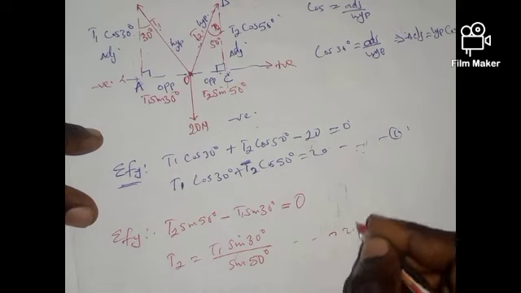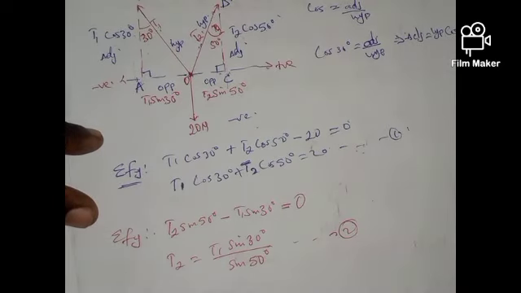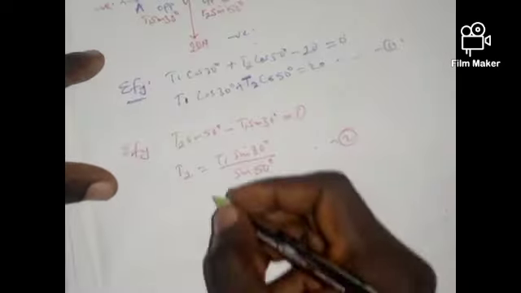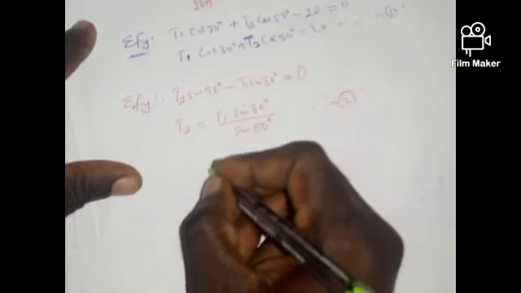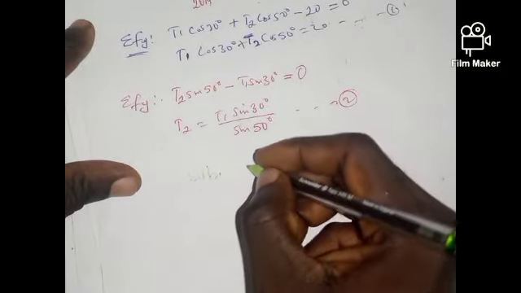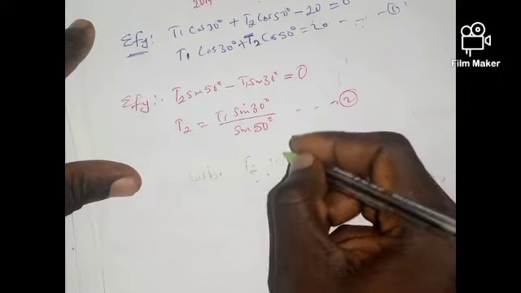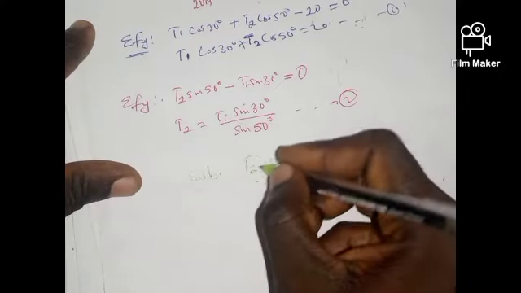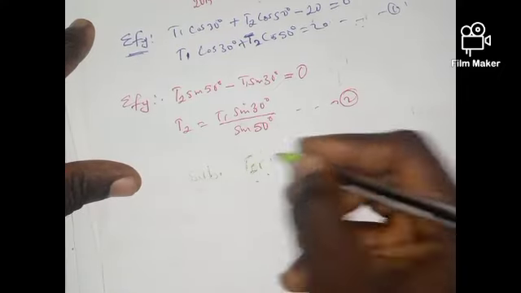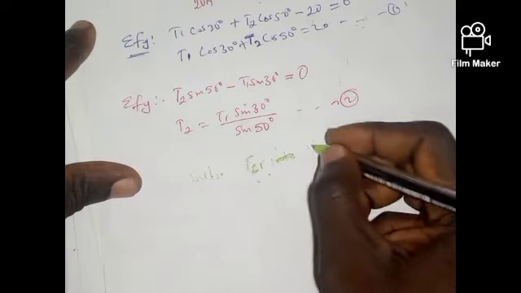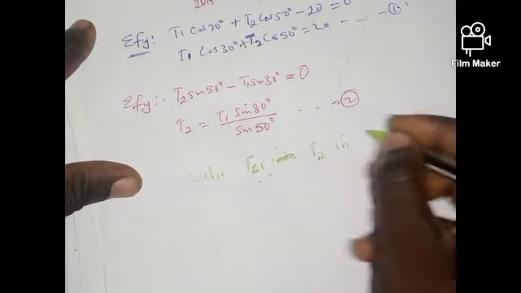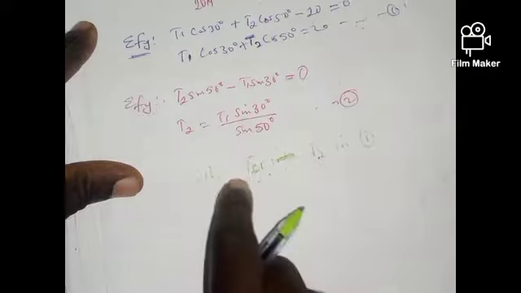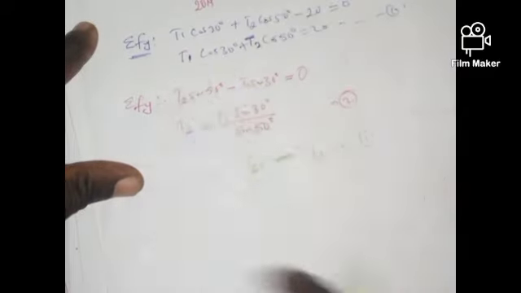This is equation 2. So what do you think I should do? I'm going to substitute for T2 in equation 1. I'm just going to replace T2 wherever I find it here.